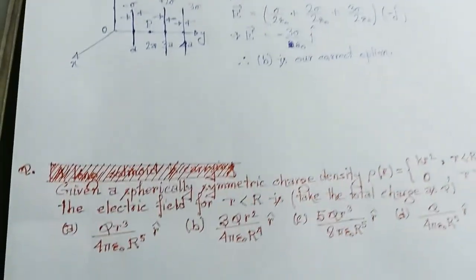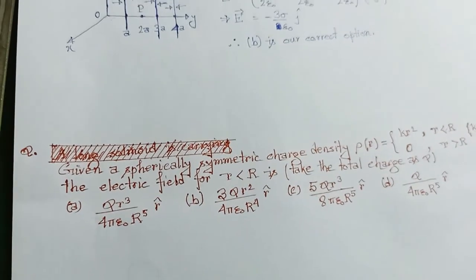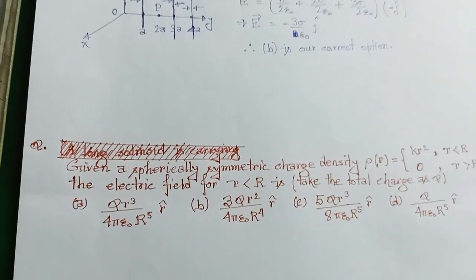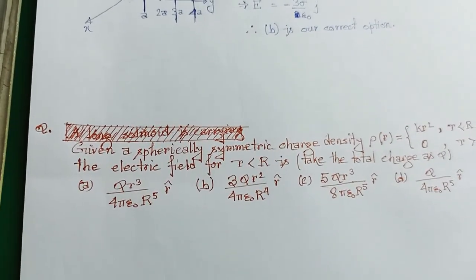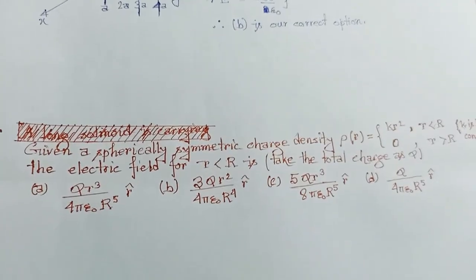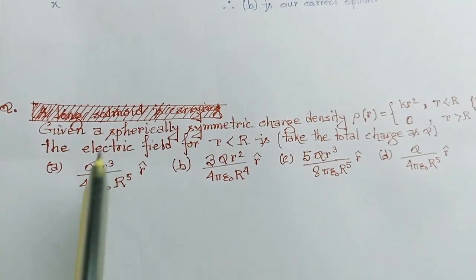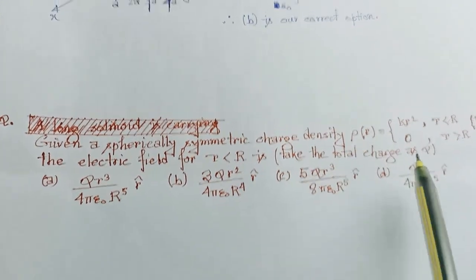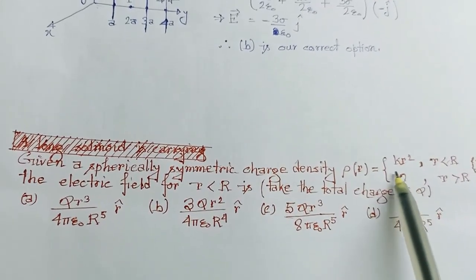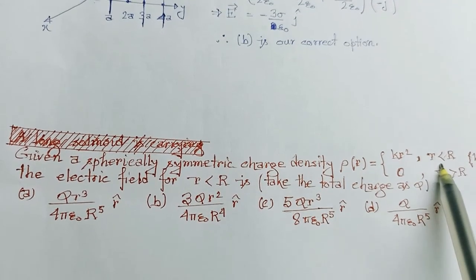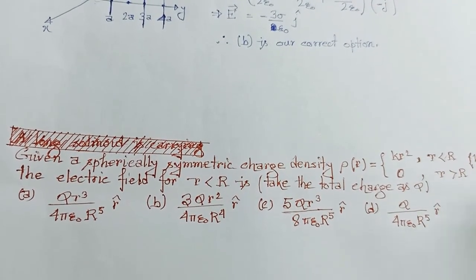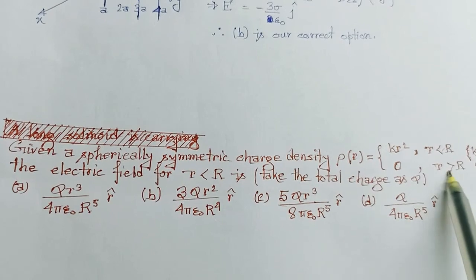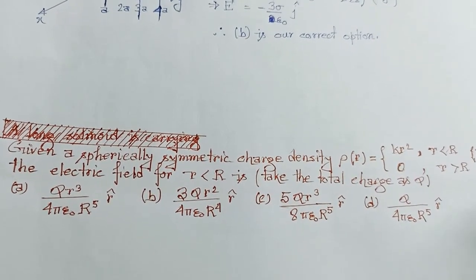Now let's solve another question which came in IIT JAM 2019-2018 from electrostatics. In this question it is given a spherically symmetric charge density rho of r equal to k r square if small r is less than capital R, and equal to 0 if small r is greater than capital R, where k is a constant.